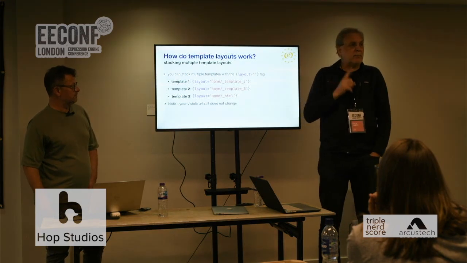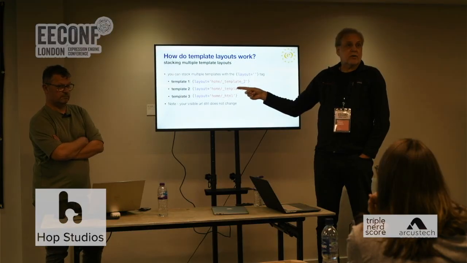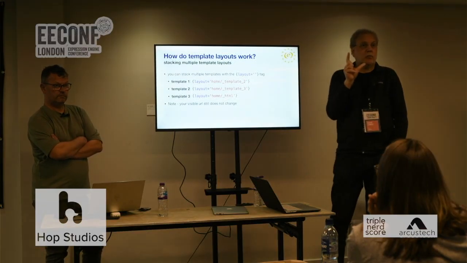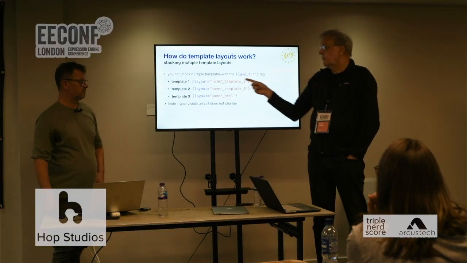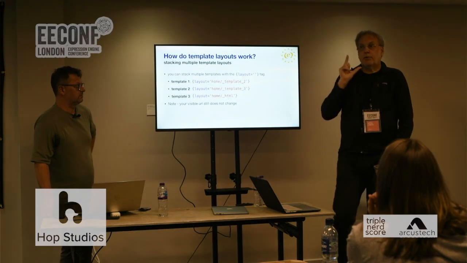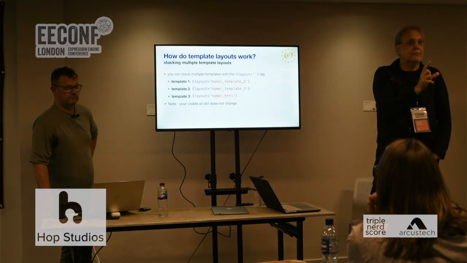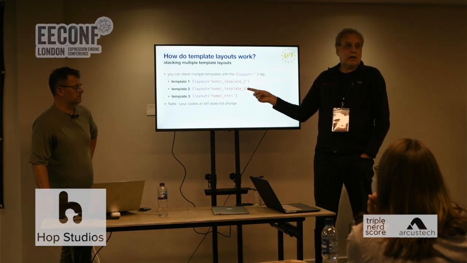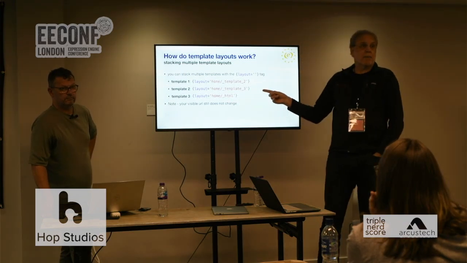The only other thing to bear in mind is each time you go from one template to the next, the content of the layout contents variable that we saw changes. So when you've done this template, EE will put all of the output from this template into layout contents. Okay. When this template has been evaluated by EE, that variable gets replaced by all of the output from this template.